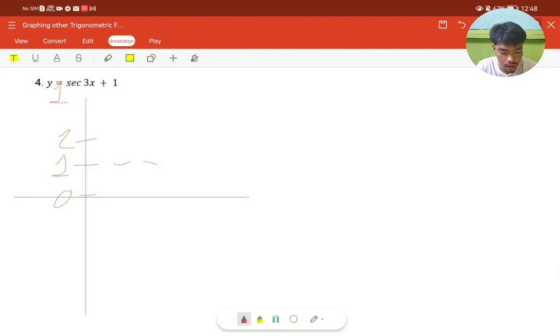Siya na ito. And then we all know that secant has also 2 pi, then pi diri kay sami siya pi times 2 pi over 2 is we have an answer of 3 pi over 2, and this is pi over 2 as well.